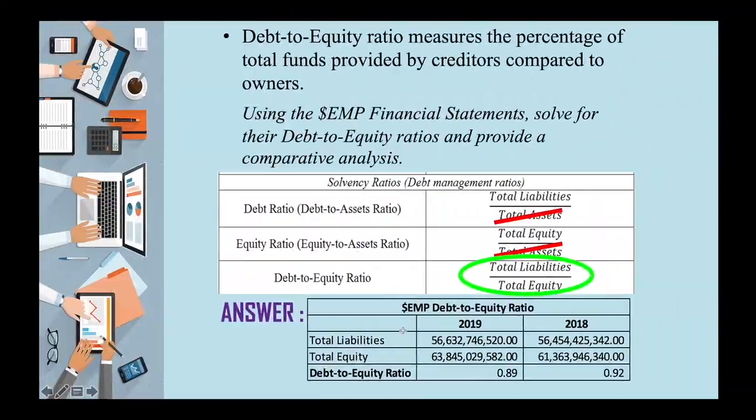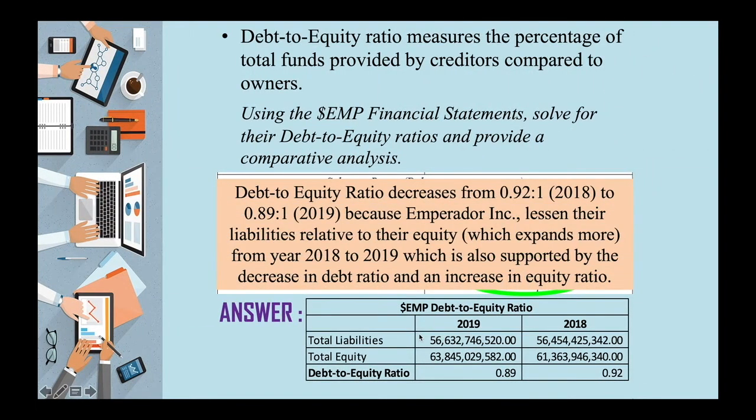So, we are correct. Okay, so debt to equity ratio decreases from 0.92 is to 1 that year during the 2018 to 0.89 is to 1 in year 2019 because Emperador Incorporated lessened their liabilities relative to their equity. Yun na-explain ko kanina, which expands more.